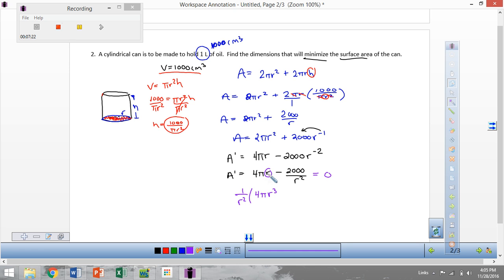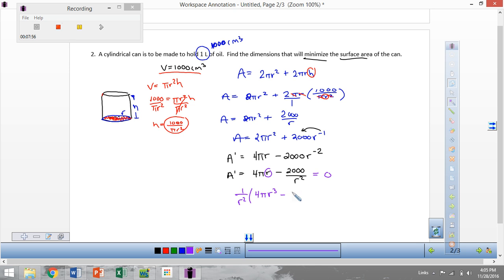So however many more you have on top here than this, that's going to be the exponent. I need to add the exponent here to this 2, and that would give me 4 pi r cubed. That part might not make a whole lot of sense, but that's something that you're going to need to do there, and you'll catch on to that eventually, I think.